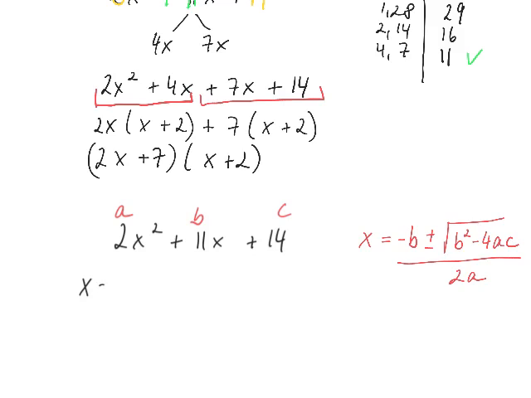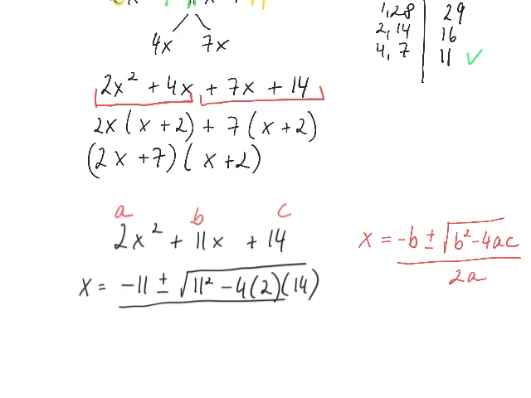x equals minus 11 plus minus the root of 11 squared minus 4 times a, which is 2, times c, which is 14, over 2 times 2. So I just replaced the letters with numbers.